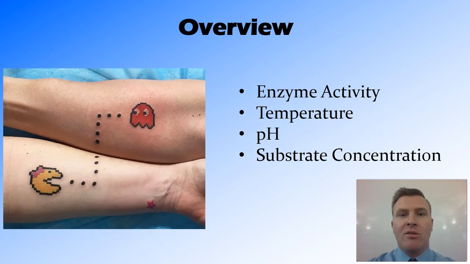In this video, we've talked about enzyme activity being how much substrate is converted into product by an enzyme in a period of time. We've talked about how temperature affects this enzyme activity, firstly increasing it because of the increase in kinetic energy, and then decreasing it because of the denaturing of the enzyme, because it's a protein.